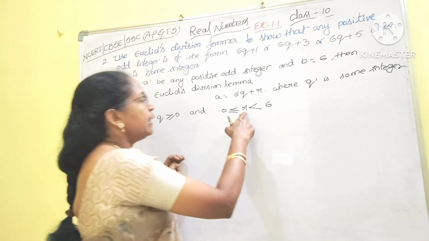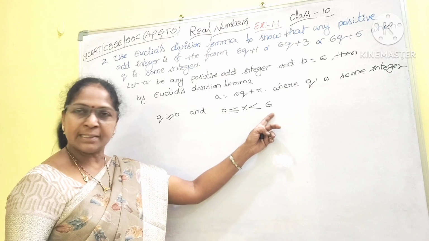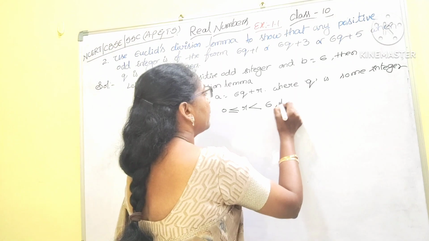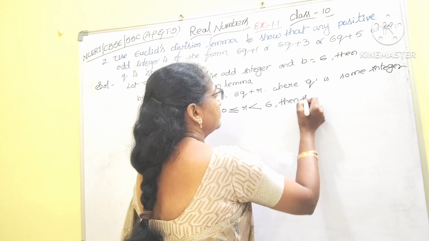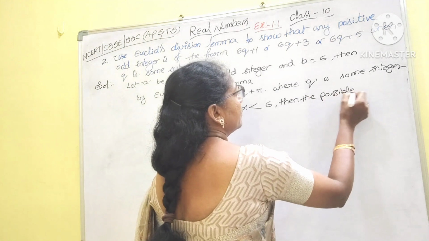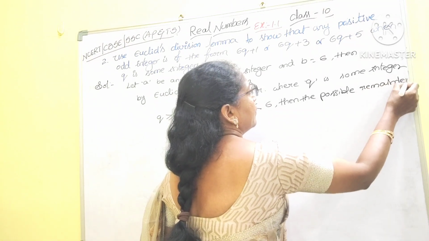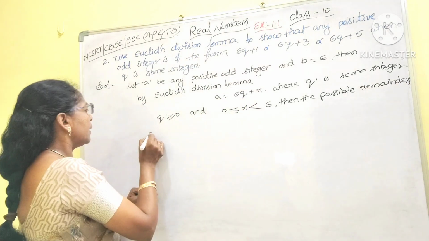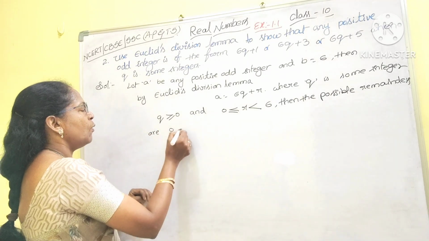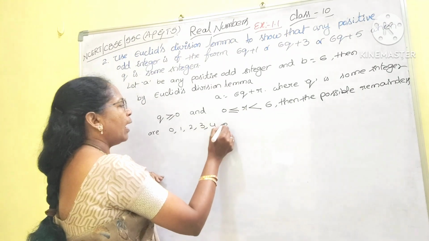Since R is greater than or equal to 0 and less than 6, the possible remainders are 0, 1, 2, 3, 4 and 5.